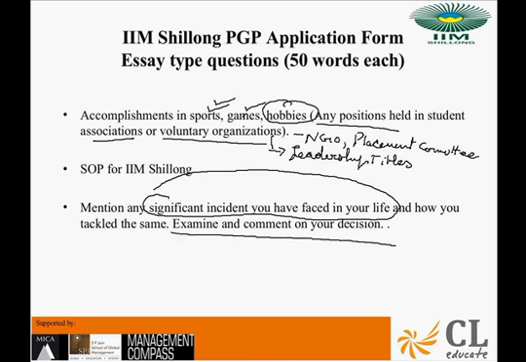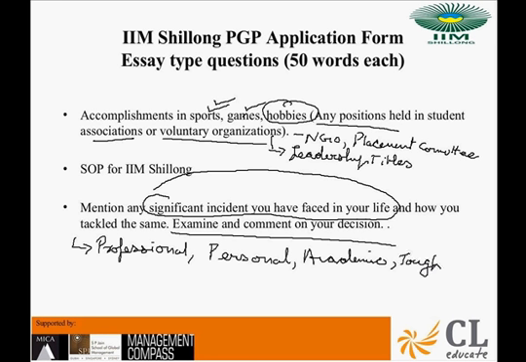Now, this significant incident could be in your professional area, right? It could be in your personal life. It could be in your academic area. It could be in a tough situation, right? It could involve some kind of decision making.